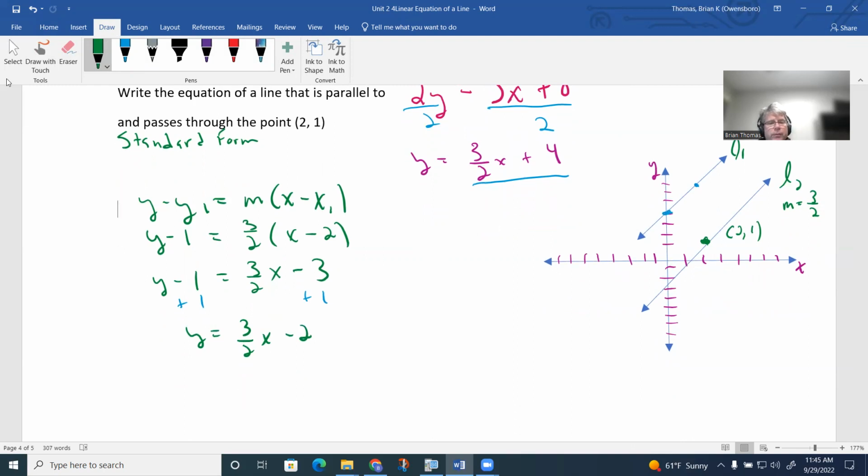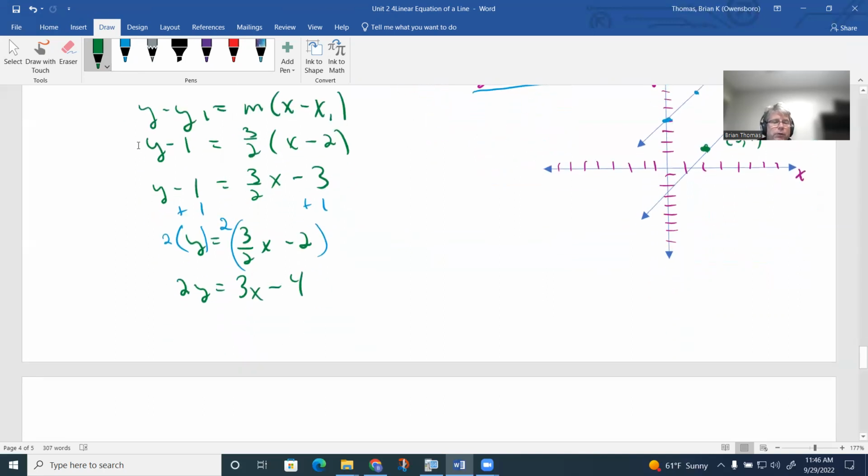That's slope-intercept form, but we want to go one step further. We want to put it in standard form. To get rid of fractions, we have to multiply each side by 2 to get rid of that denominator. If we clean that up, that's 2y equals, the 2's will divide out here and give me 3x, then you multiply the 2 by the -2, which is a minus 4. I want the x to be positive, so I'll subtract the 2y on both sides.